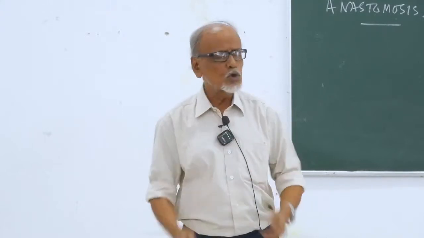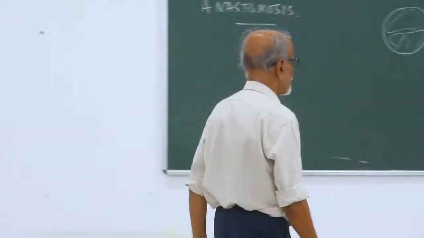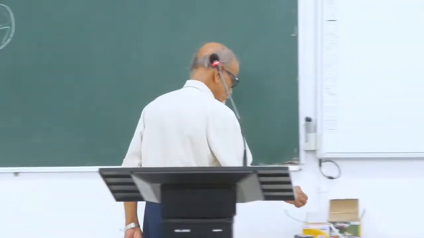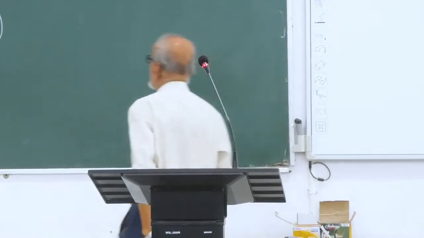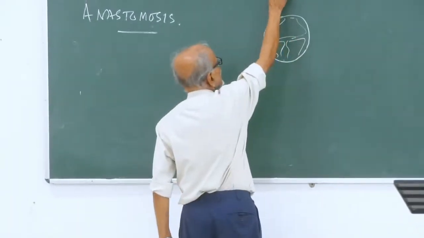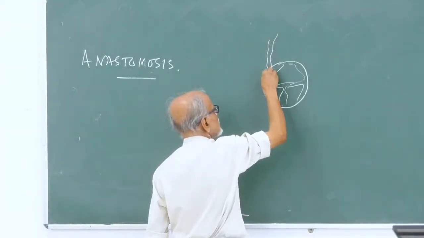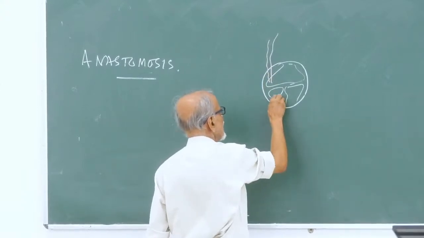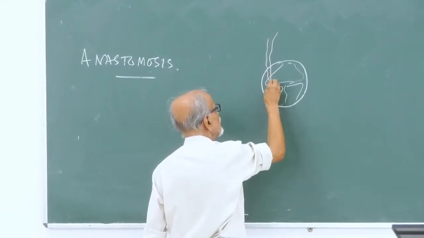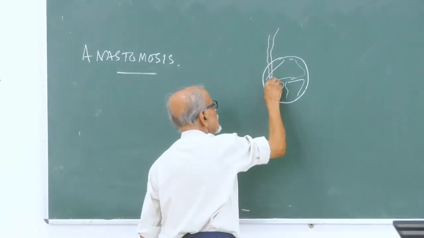What kind of anastomosis will you see? In front of the elbow, you will find branches running like this from below, and intercommunicating.